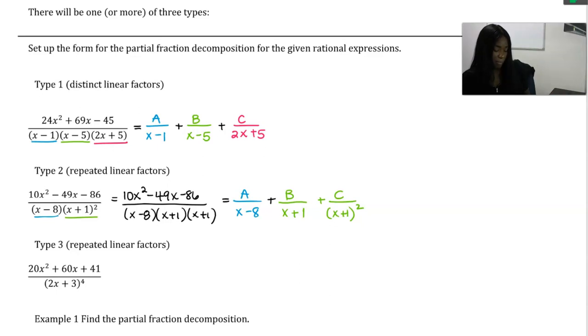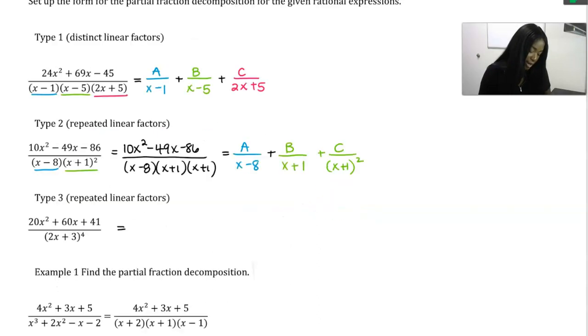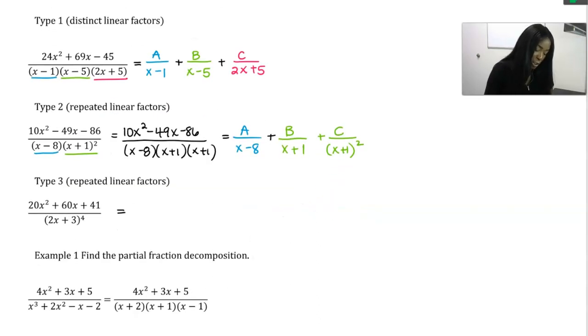With type 3, there's repeated linear factors again, but there's no distinct one, right? So like this one doesn't have the x minus 8 out in the front. Everything in the denominator is the same factor that shows up 4 different times. So how we set that up is we must have an A over the 2x plus 3, but it didn't just show up one time, so we must have a B over the 2x plus 3 squared.